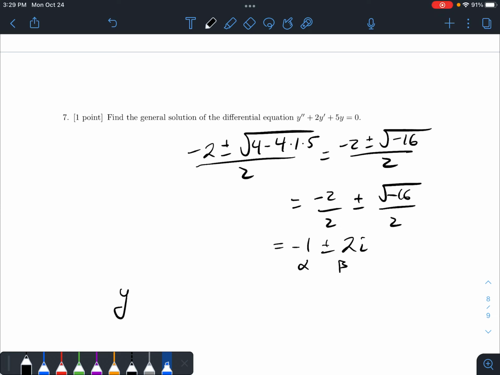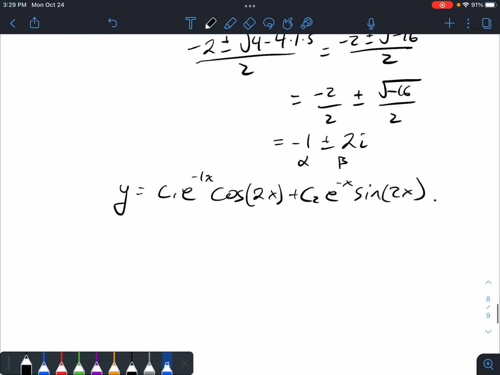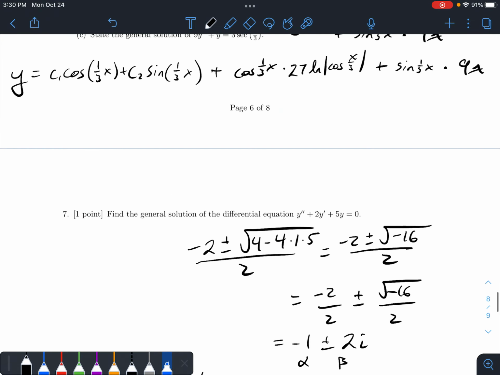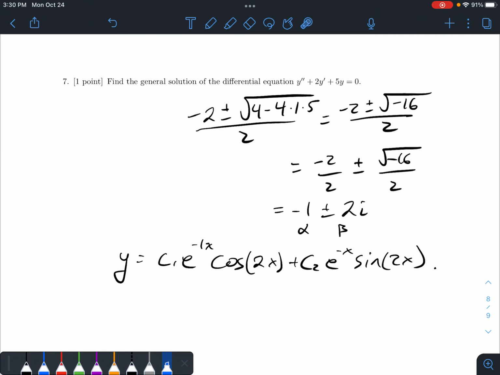So our solution would be y equals c1 e to the alpha x times cosine of beta x plus c2 e to the alpha x times sine of beta x. All right, pretty similar to the previous one. So that's a quick one. All right, great. That's all we have to do for that one.